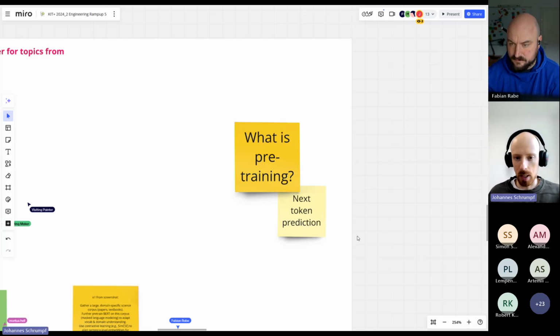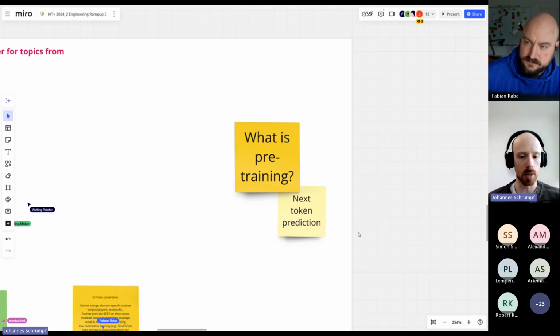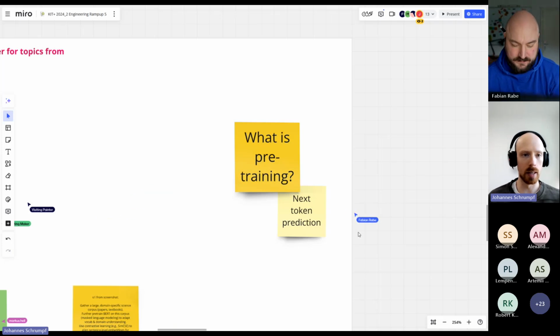Oops, sorry, I was muted. Yeah, next token prediction is an answer. I would say this is more like the strategy, but my question is more in the domain of what kind of role does pre-training play, or what does it mean to pre-train something?